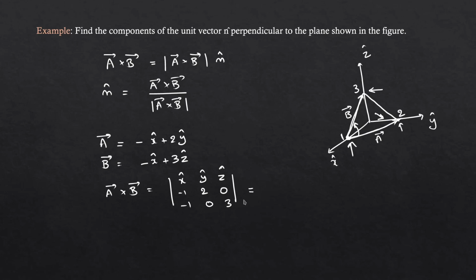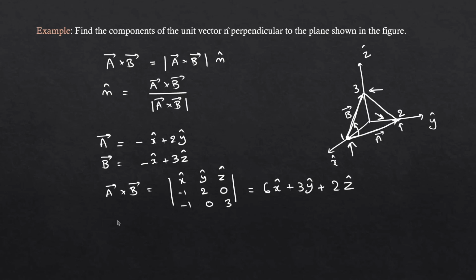And let's calculate. If we take x cap, we'll get 6, so it is 6x cap, plus if we take y cap, we'll get 3, plus if we take z cap, we'll get this minus this, so that is 2z cap.